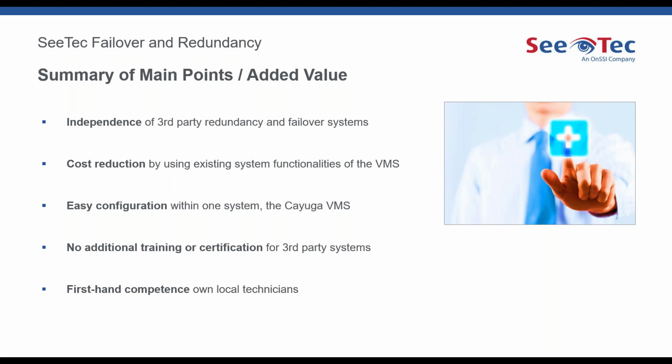But when you actually look at all the hardware required, especially as the system grows, it becomes a lot more cost effective to look at a Cayuga when compared to some of the other products that are around the place.